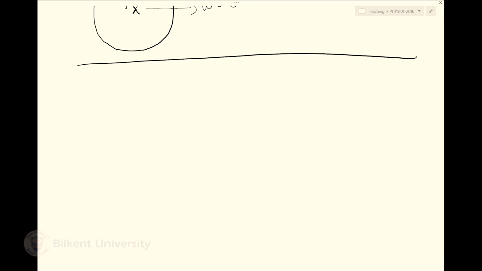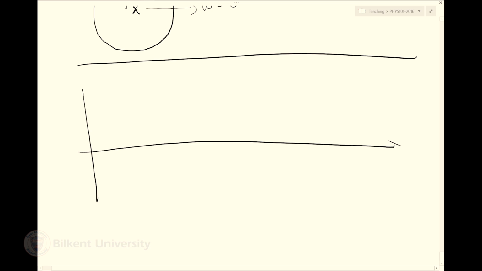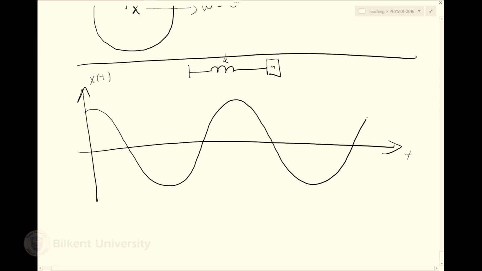And that is concerning a more realistic picture of oscillations. Now, one thing you remember from our simple mass on a spring model was that my oscillations kept on going forever, right?